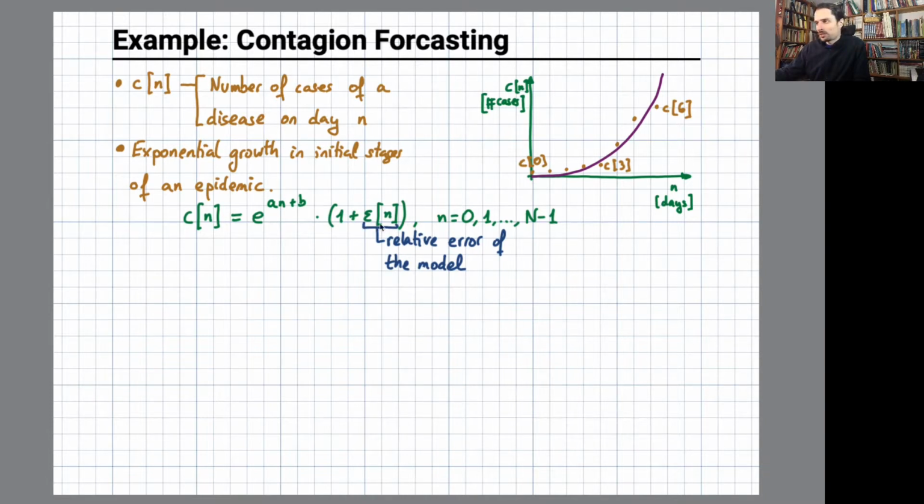The need for the error is that the actual numbers don't necessarily fall on top of an exponential, but there is some error.